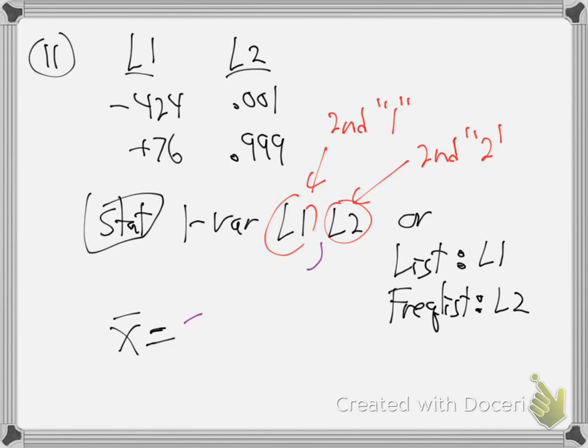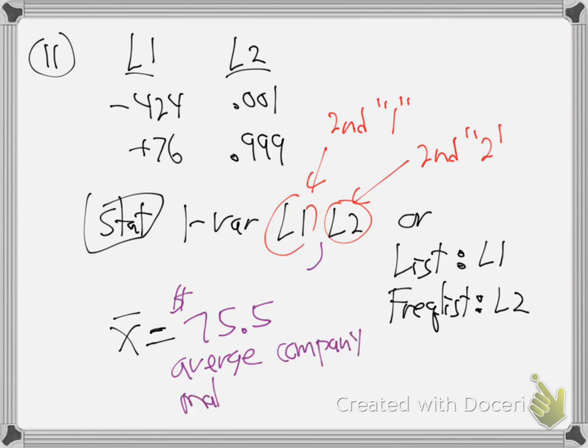x bar is 75.5. What does that number mean? Yep, that's the average the company makes per warranty, right? They don't make $75 on any one warranty.